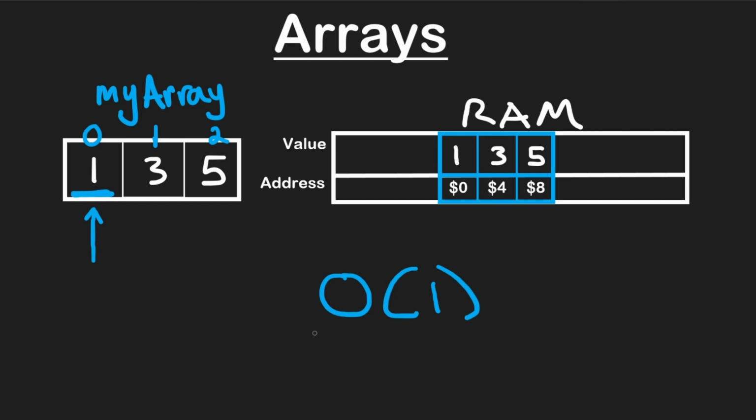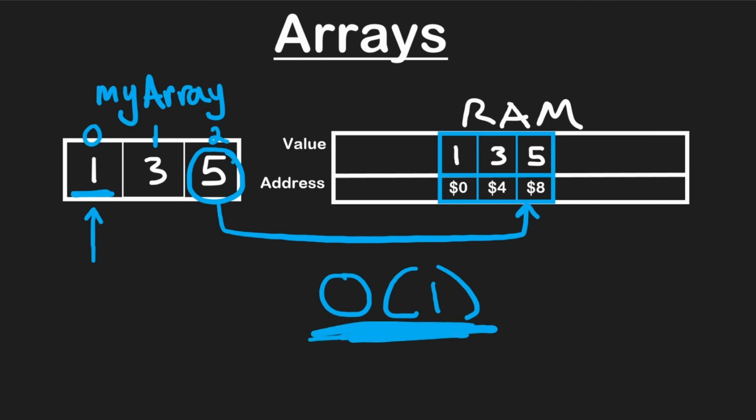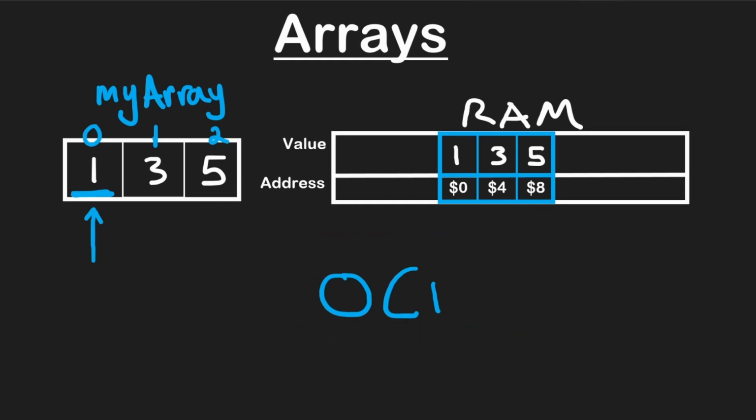We're going to talk more about big O notation later in the course, but for now, what this means is that in the worst case, to read a value, assuming we have the index, so suppose we want to read the value at index 2, it's an instant operation. It happens in constant time. No matter how big our array gets, if we want to read any value in the array, we can read it instantly. That's what big O of 1 means. At least that's the oversimplified explanation so far.